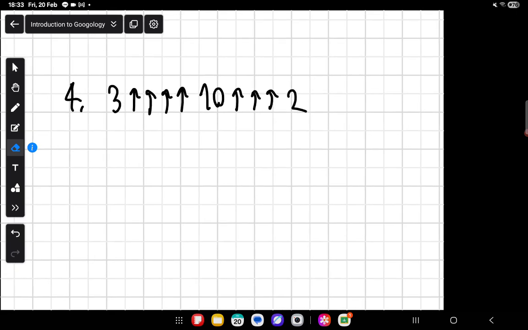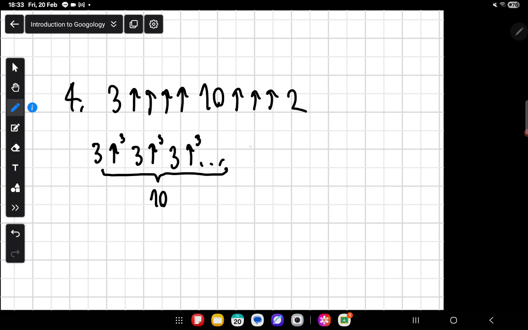Yeah. Now 3 quadruple up arrow 10, triple up arrow 2. Maybe I went a little overboard with this one. So it's 3 arrow cubed, which is defined as triple up arrows for convenience. It will be this 10 times. I will denote this as capital A for now.